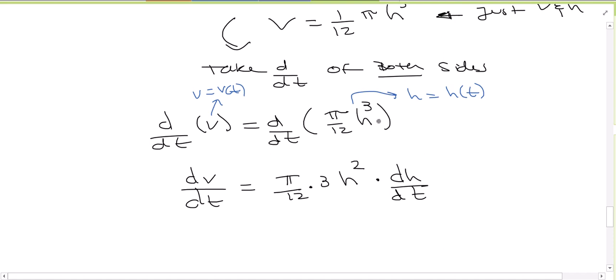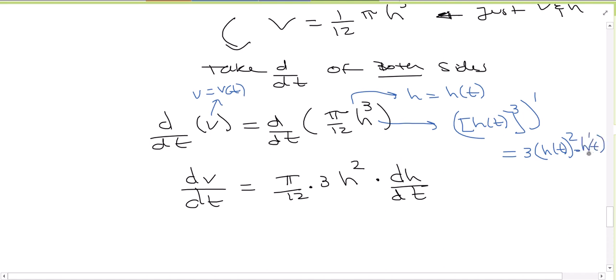So having h cubed here is like having h of t cubed. So how do you take the derivative of that? By chain rule, you have 3 h of t squared and then times h prime of t, right? That's the chain rule. So that's what happened here. I'm just not writing h as h of t, but that's how we're taking the derivative. We're using the chain rule there.